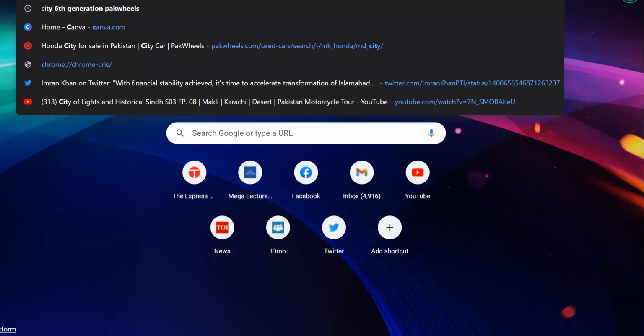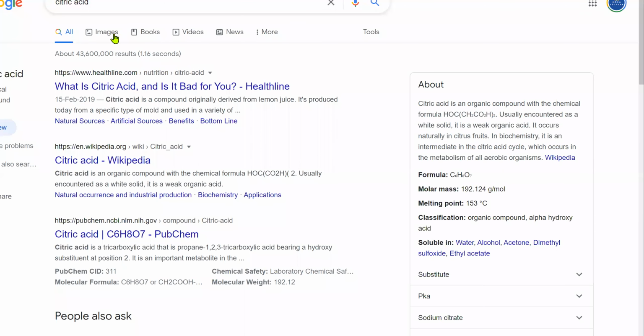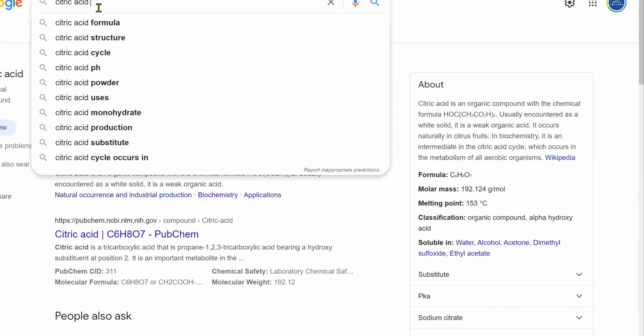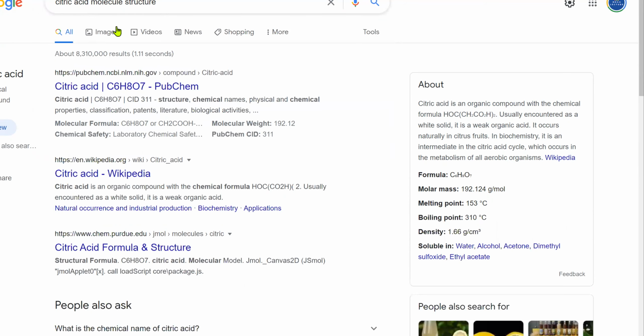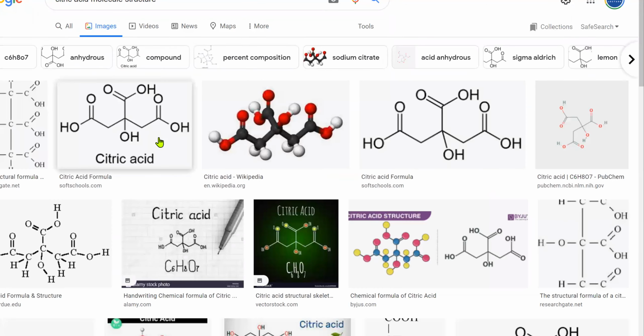So I'll just show you a citric acid molecule. This is the molecule structure. This is what you have in lemons.